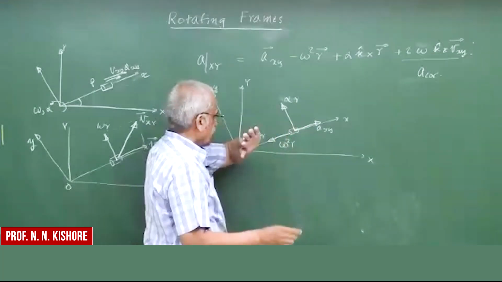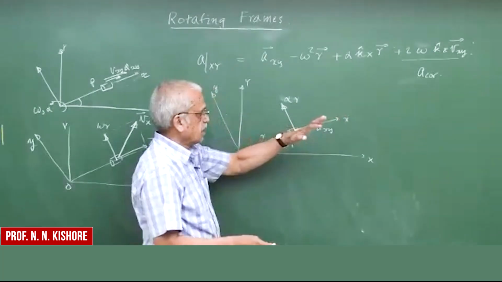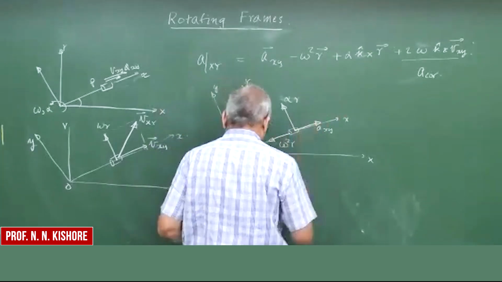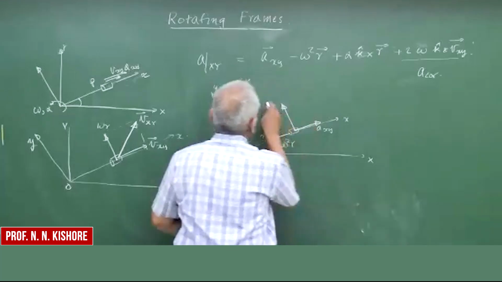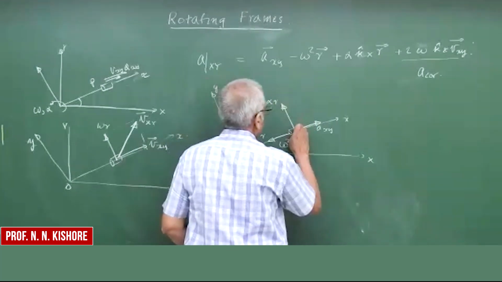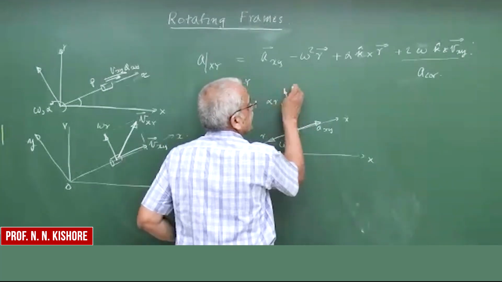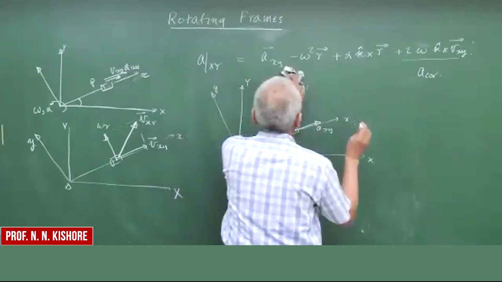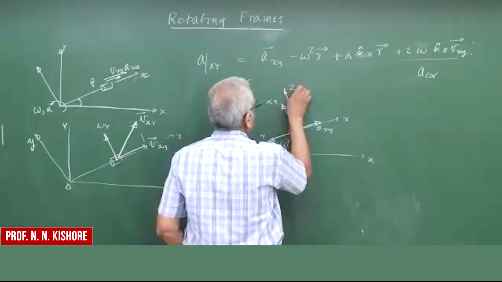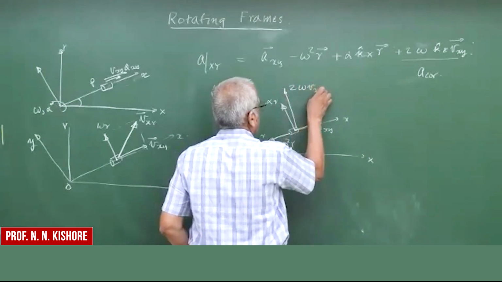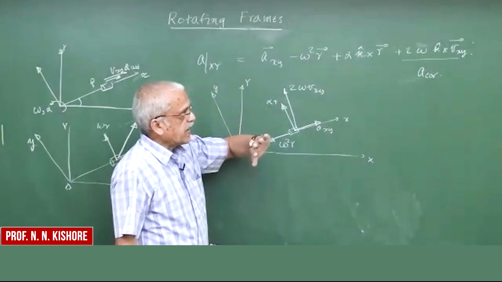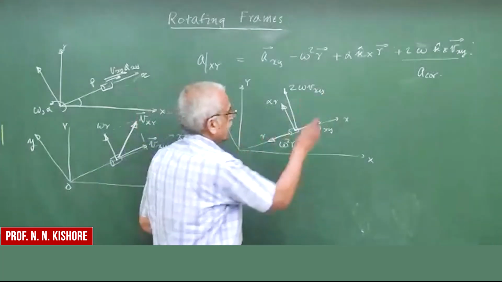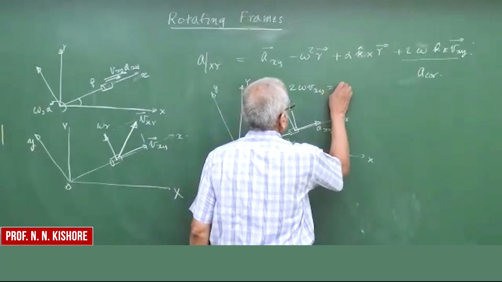If you take the cross product, since omega and v are perpendicular to each other, the magnitude just becomes 2 omega vxy.